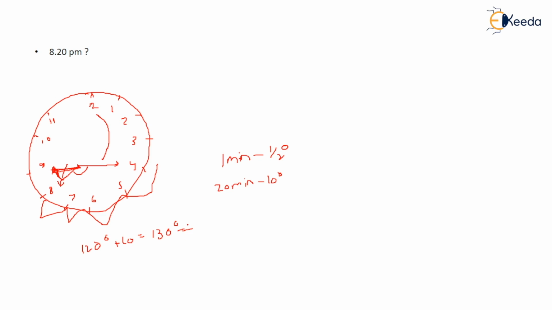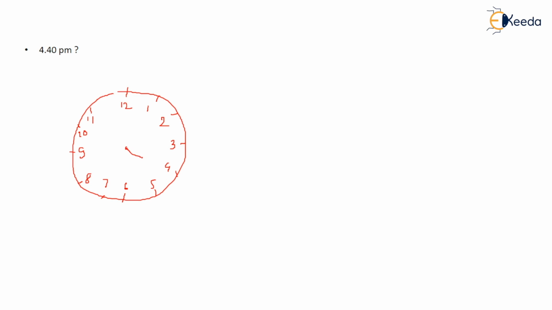Okay, let's solve the next question. So this is the question. They ask you the difference between the hour hand and minute hand at 4:40. Make a clock, right? 4:40, that means here is 4, here is 40.